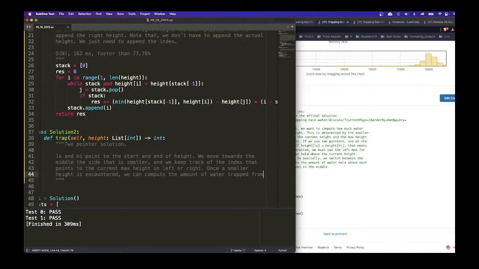The amount of water trapped from the minimum, right? Well, I mean, I don't have the minimum because it's already smaller. It's moving from there.